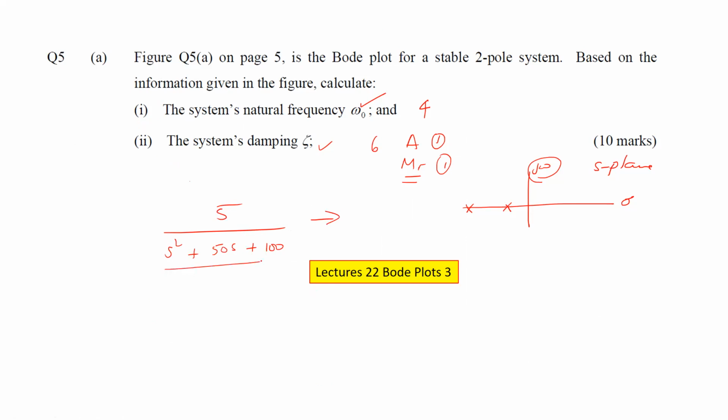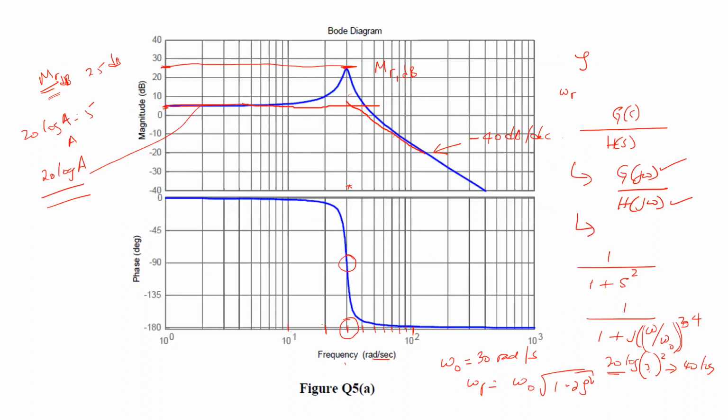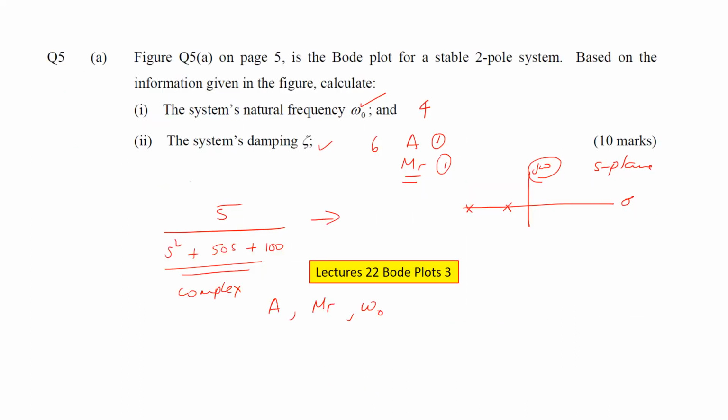draw the Bode plot for that, right? Once you do this kind of thing and you find out that the roots are complex, right? Then from this, you're going to have to find A, you're going to have to find M_R, and you're going to have to find omega naught, right? And then you plot this kind of figure for me. It's a straight line plot, and you have that.